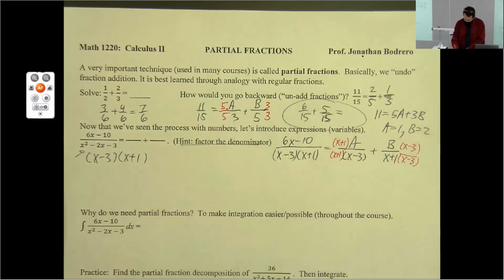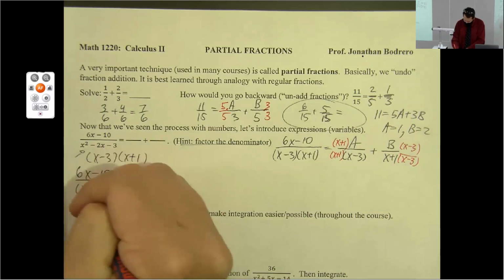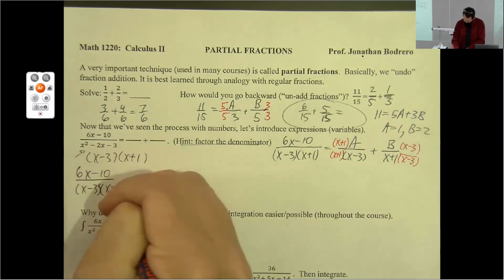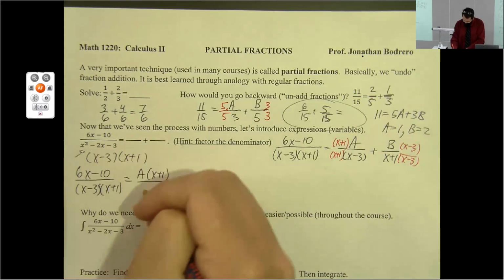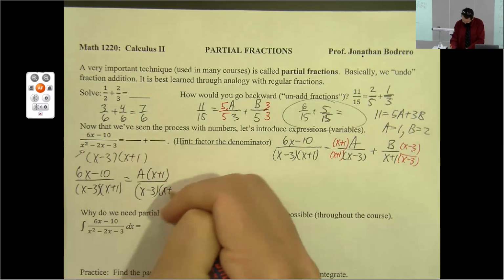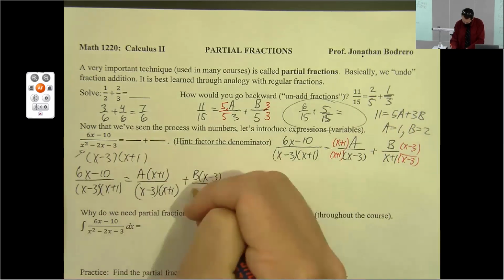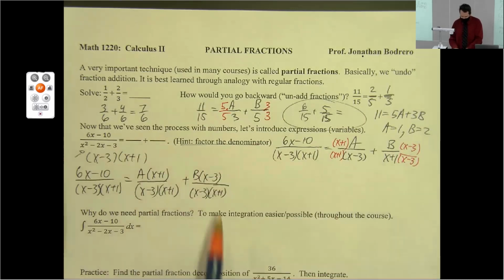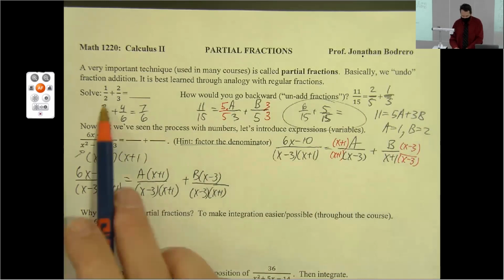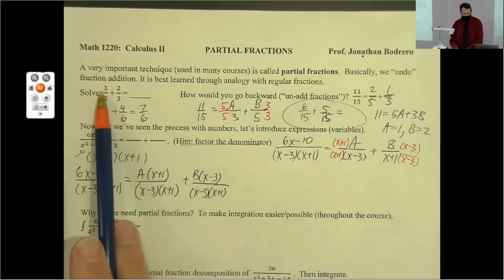So when we do that, we get 6x minus 10 over x minus 3 times x plus 1 is a times x plus 1 over x minus 3 times x plus 1 plus b times x minus 3 over x minus 3 times x plus 1. Okay. So in a sense, what we're doing is we're kind of doing this step right here. We had the uncommon denominators, and we made the common denominators by multiplying by 3 over 3 or 2 over 2.